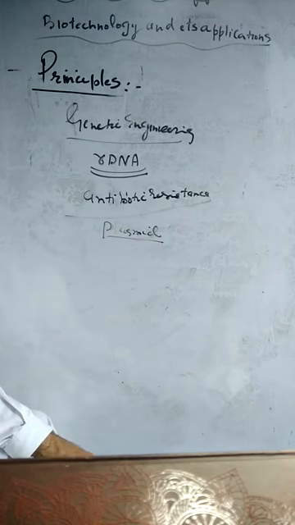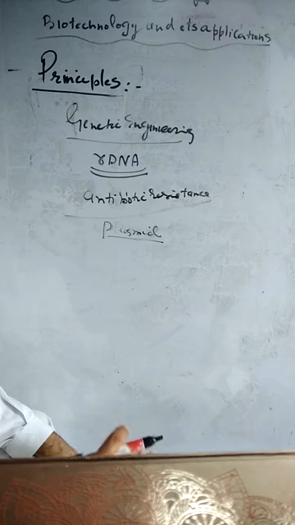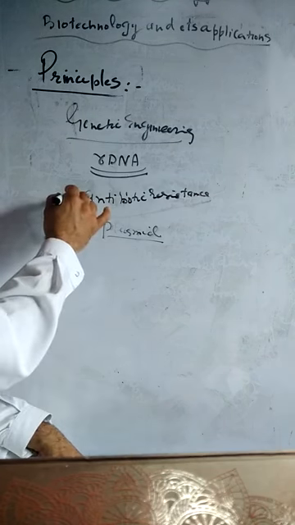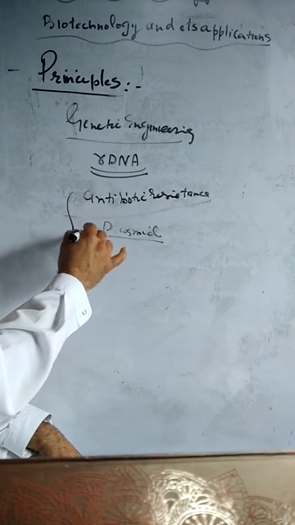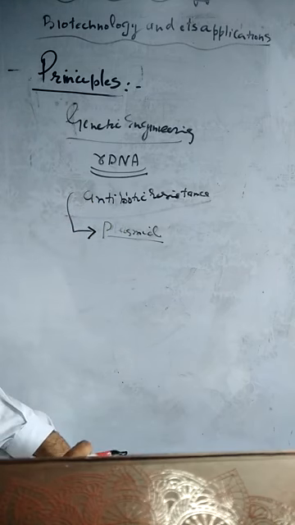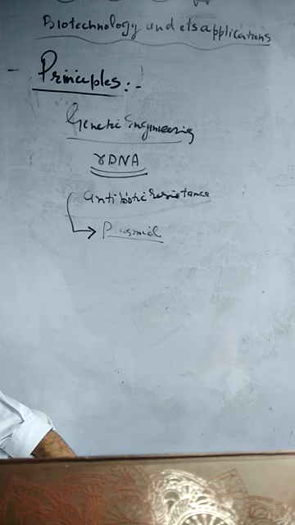This gene for antibiotic resistance was combined with that very plasmid. The plasmid acted as a vector. So there is a formation of a recombinant DNA.